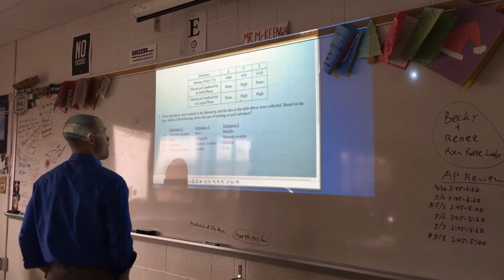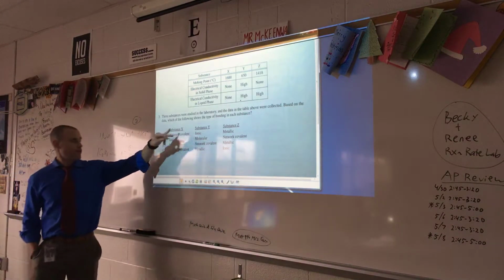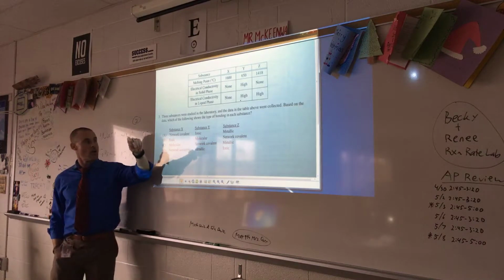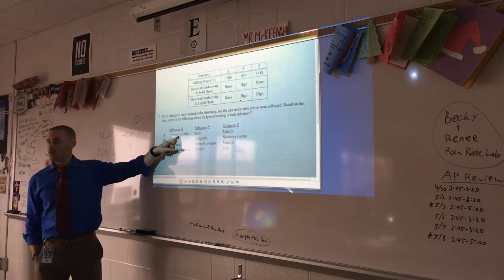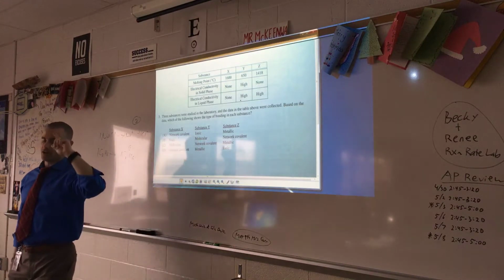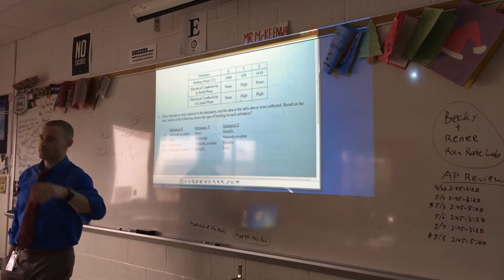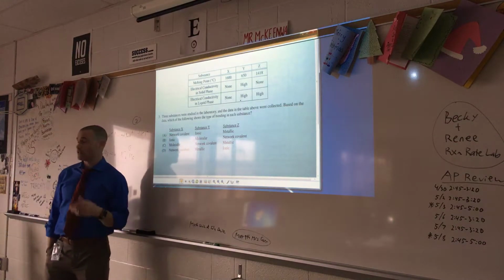Let's real quick talk about what holds these things together. What holds a network covalent solid? What type of bonds? Not forces of attraction, bonds. I'm not talking dipole, induced dipole, or hydrogen bonding, all that. I'm not trying to trick you here.